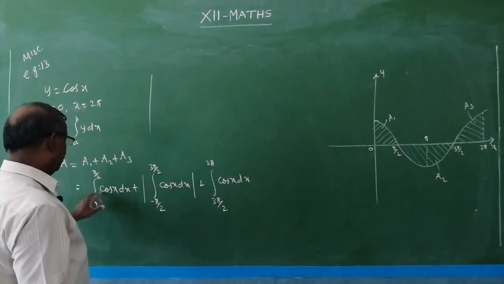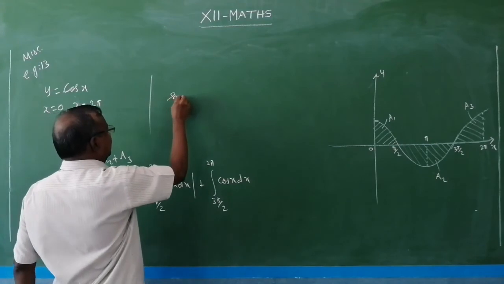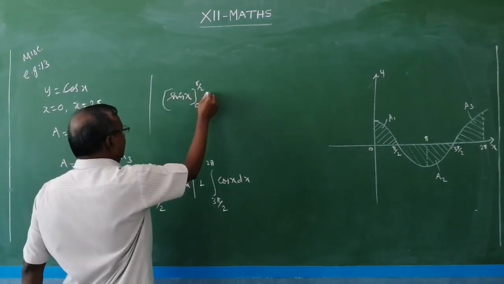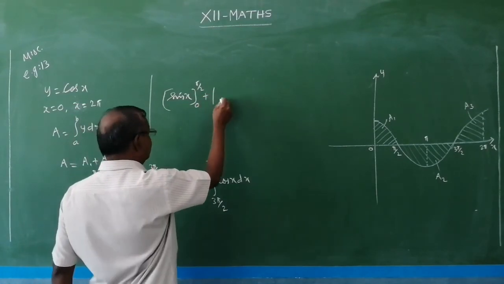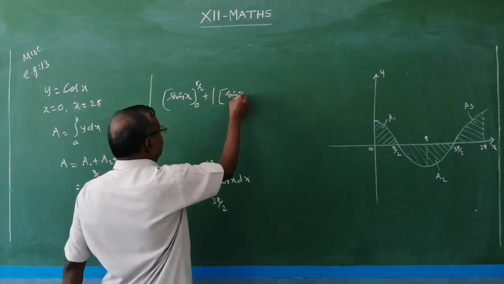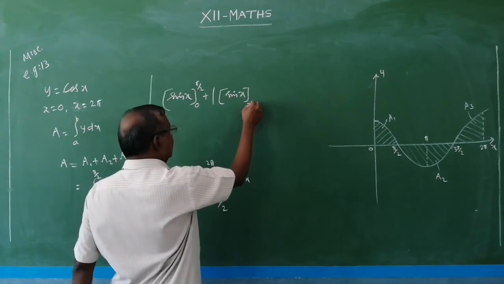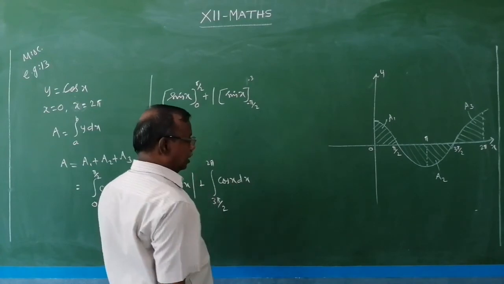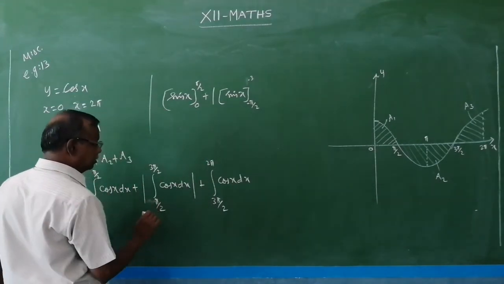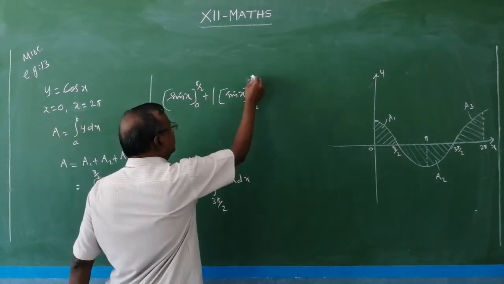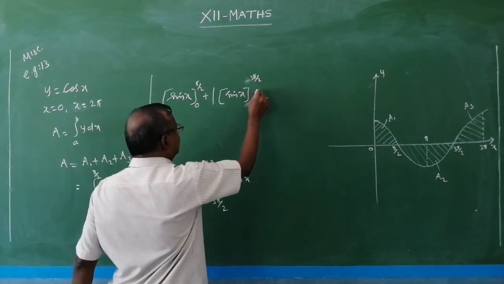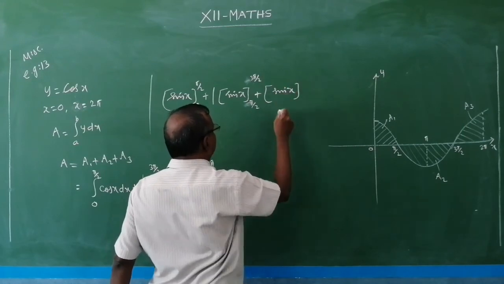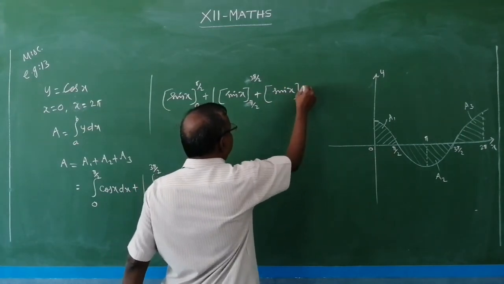So area equal to sin x from 0 to pi by 2, plus modulus of sin x from pi by 2 to 3 pi by 2, plus sin x from 3 pi by 2 to 2 pi.